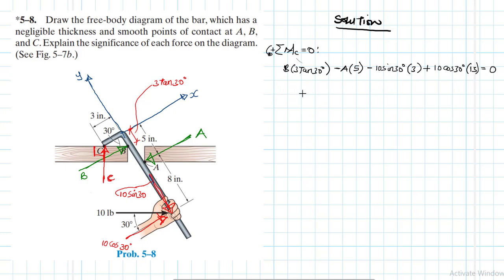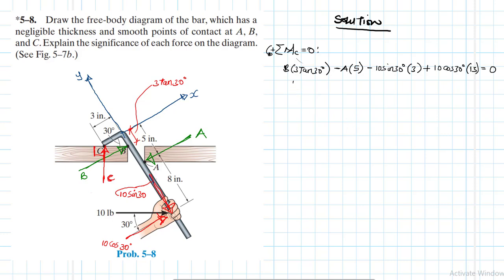So here we have two unknowns. We have A and B. Alright, can we simplify this one? We can. What is 3 tan 30?